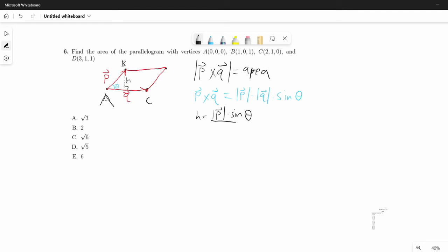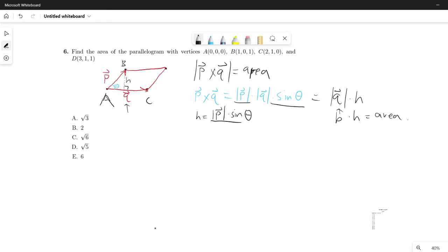So we can replace this part with h, and you will see that this is just the length of Q times h. And going back to the diagram, the length of Q is the base, times height is just the area of the parallelogram.